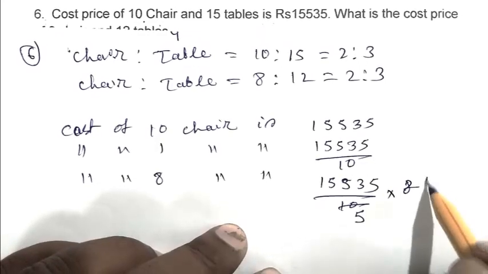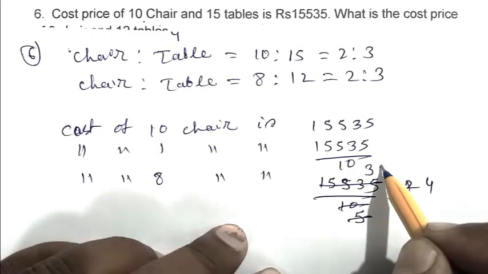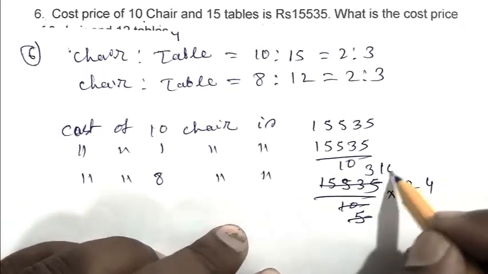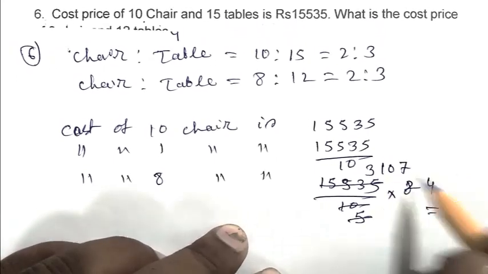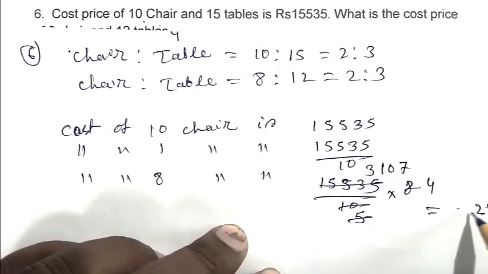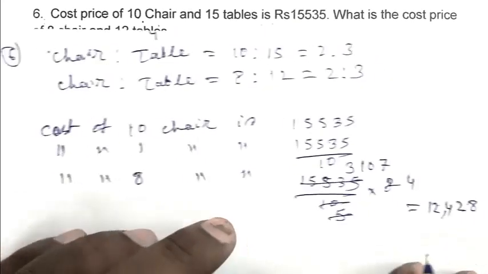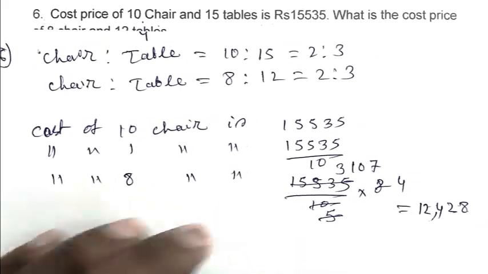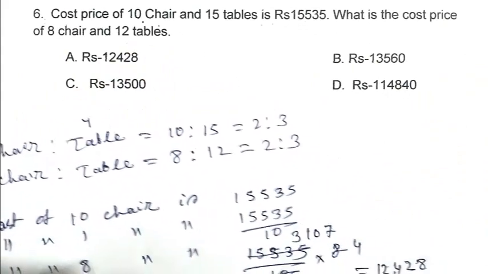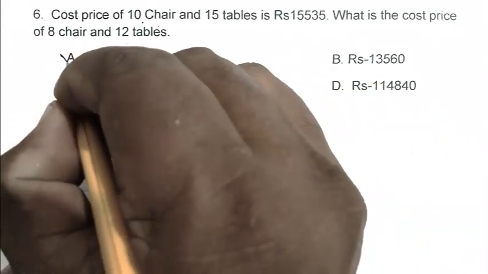We multiply it, we get 12,428. So the cost of 8 chairs and 12 tables is 12,428. So A is the right answer.